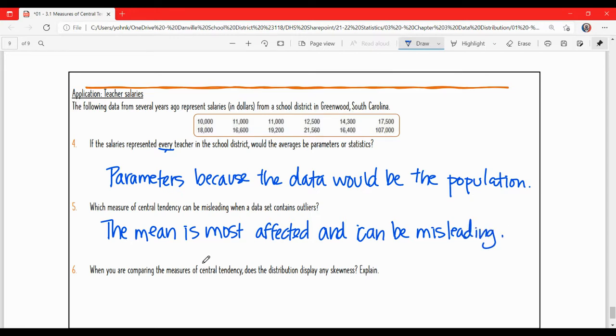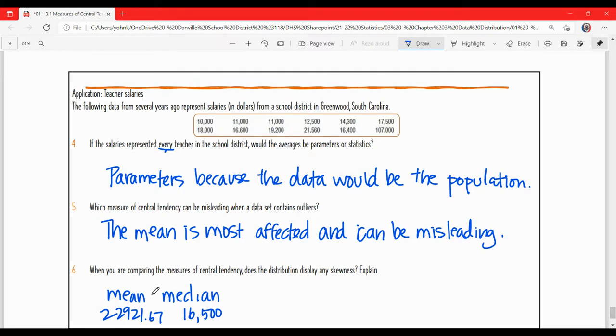When you are comparing the measures of central tendency, does the distribution display any skewness? Well, how does your mean compare to your median? That's what you want to ask yourself. The mean was 22,921.67 and the median was 16,500.